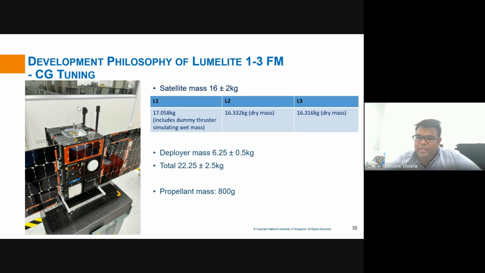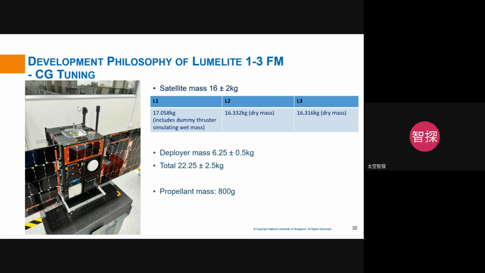On ground, we can constantly monitor the formation, and we can control the propulsion system on both Lumelite 2 and Lumelite 3 such that the relative in-track separation between the satellites is about 50 to 80 kilometers. So we monitor the formation from ground and manually control the propulsion system to keep it within the formation.